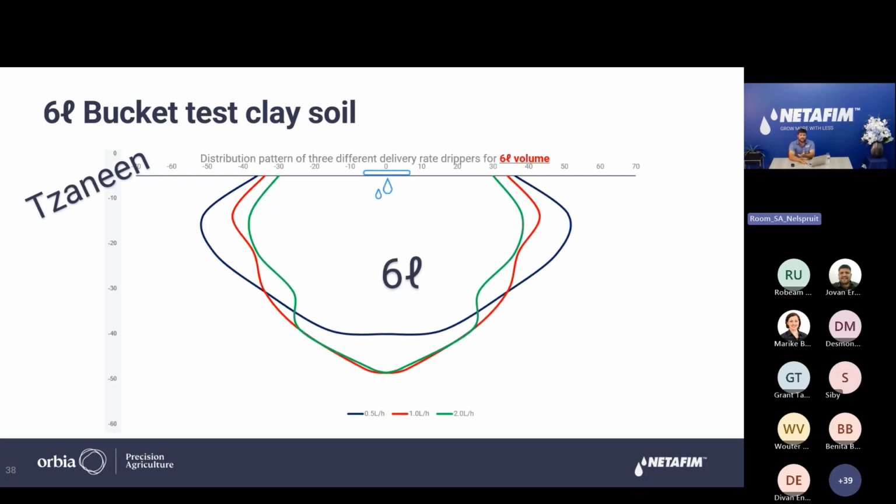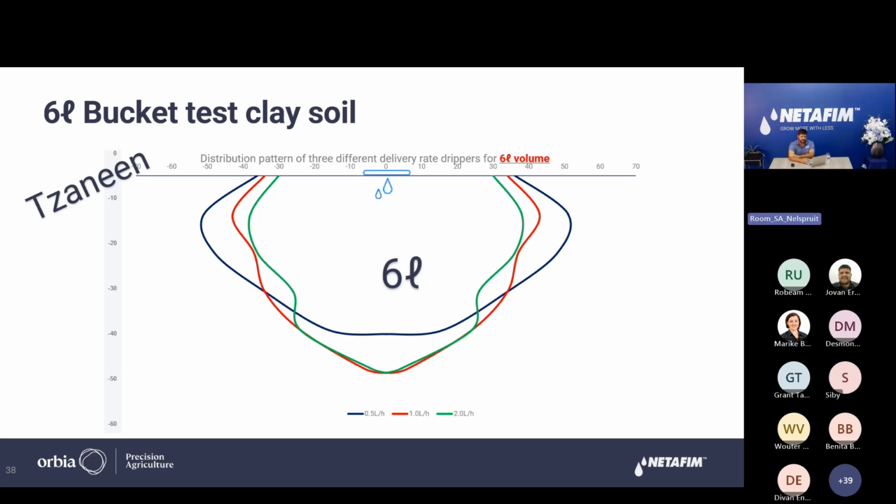If you look at the 6 liter bucket, that would be 12 hours of irrigation on the 0.5 liter, 6 hours on the 1 liter, and 3 hours on the 2 liter. There you can again see the lower the flow, the more horizontal spread we get.